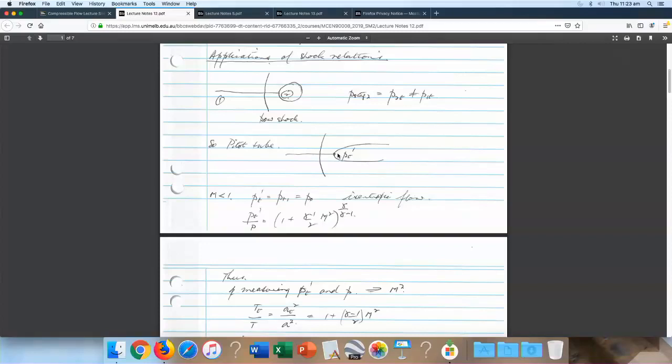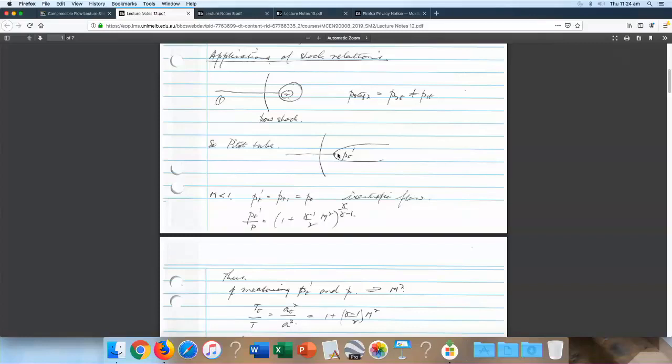However, locally here, after this shock wave, the flow is going to be essentially isentropic. So the relationship between the total pressure here and the static pressure outside, somewhere away, is Pt over P is 1 plus gamma minus 1 over 2 M squared to the gamma over gamma minus 1, where P is the static pressure at Mach number M. Right?